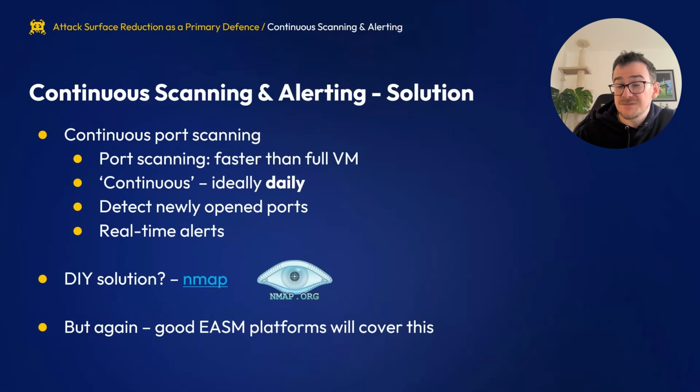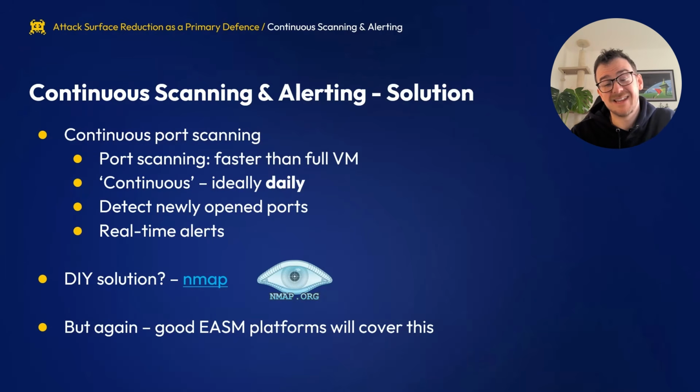Something like monthly is very common, sometimes weekly, but it's very rare that a large organization is going to be able to do any more than that because they'll be running scans that overlap with each other. Scans don't finish before the next one runs, and there's no time to actually ingest the results and act. So it's very common to run vulnerability scans on a slower cadence, and therefore for continuous scanning and alerting to find out things that are happening in real time, we can use port scanning instead, which is a lot faster.